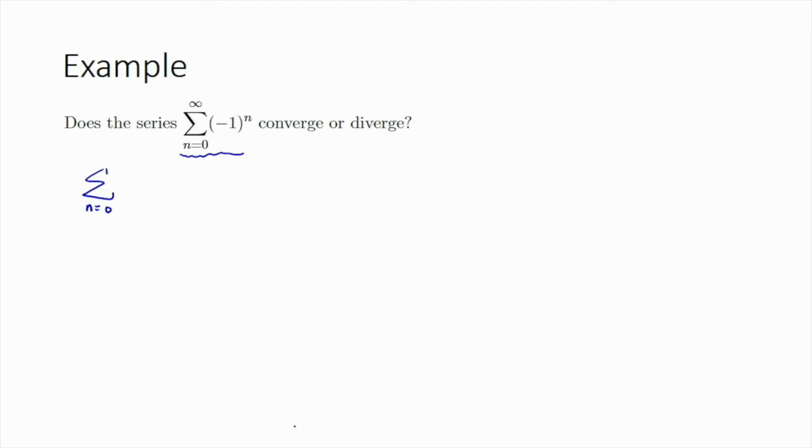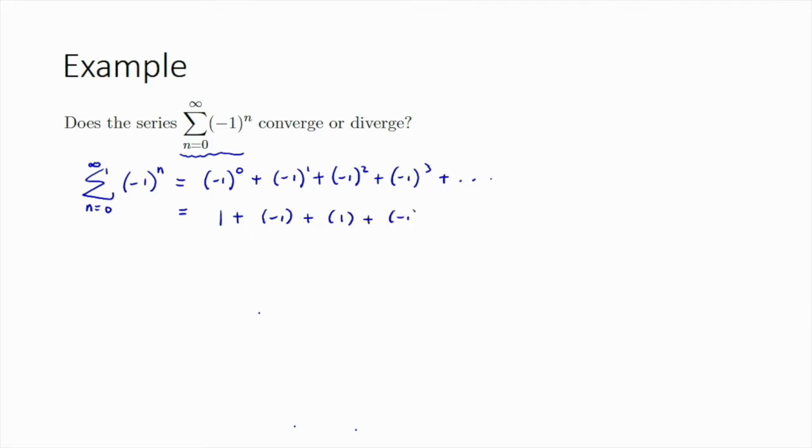So the sum from n equals 0 to infinity of minus 1 to the power of n, which is equal to minus 1 to the power of 0 plus minus 1 to the power of 1 plus minus 1 to the power of 2 plus minus 1 to the power of 3 plus dot dot dot. And if you simplify each of these terms, you will get 1 plus minus 1 plus 1 plus minus 1 plus dot dot dot.